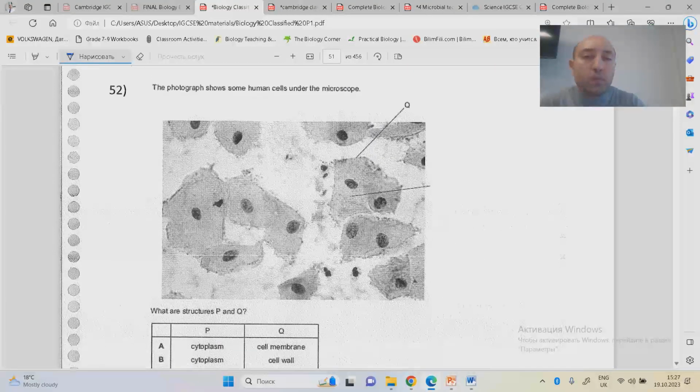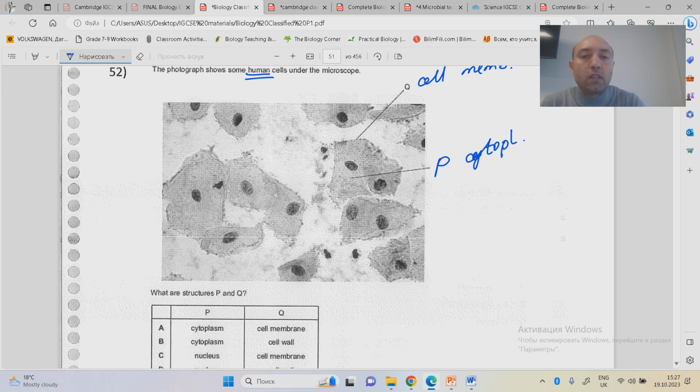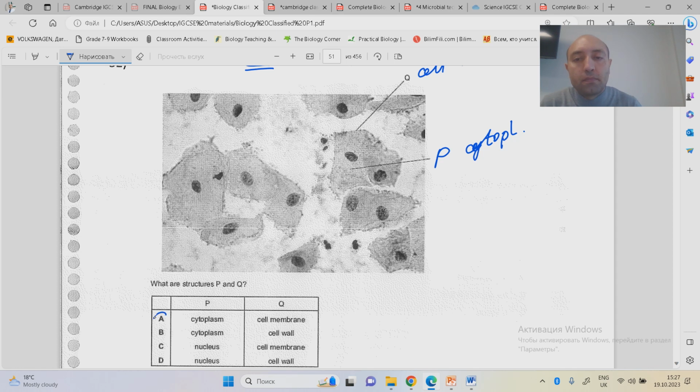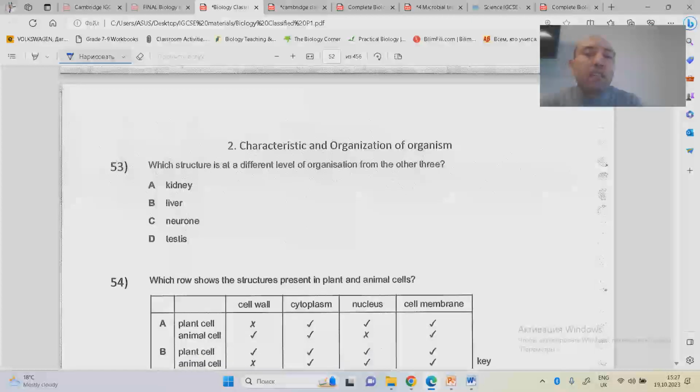What are structures P and Q? So as you see in here, we have human cell. This is P most probably. Q is a cell membrane because animals don't have wall. And P in here is just cytoplasm. So it is cytoplasm and cell membrane, A, because P is a cytoplasm. Which structure is at different level of organization from other three?